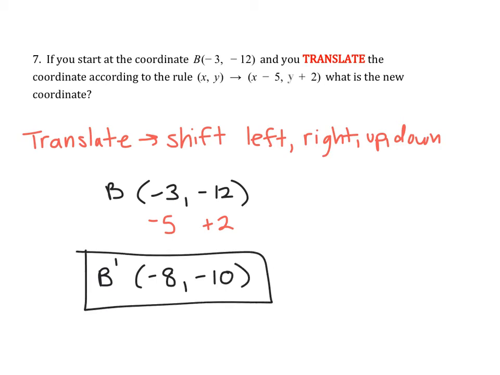So remember, what we're actually doing here is we are shifting left 5, because anything done to your x value is going to move horizontally, which is left or right. And then here we're actually going up 2, because anything done to your y value is going to move your coordinate vertically. So our final answer is just our point shifted to the left 5 and up 2.